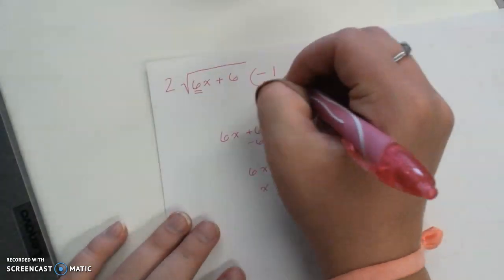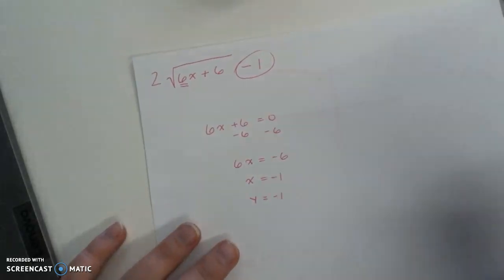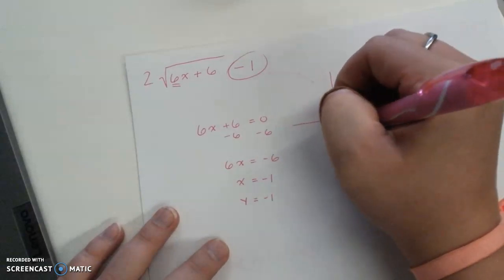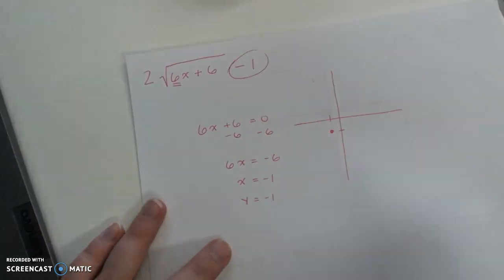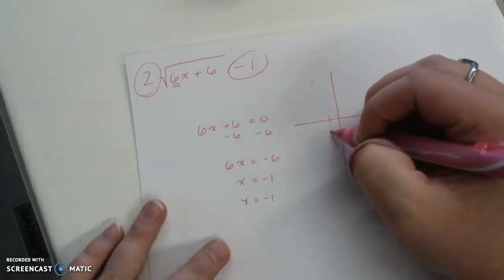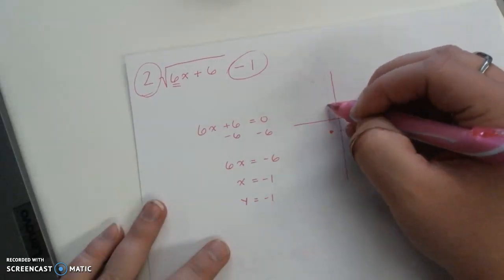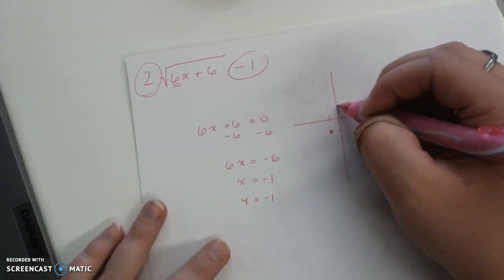My y value is whatever's tagged onto the end, so my y value is -1 of my vertex. Then I look to the outside for the slope of my first point. It's 2. Rise over run, up 2 over 1. So I'm going to go up 2 and over 1. That doesn't work.